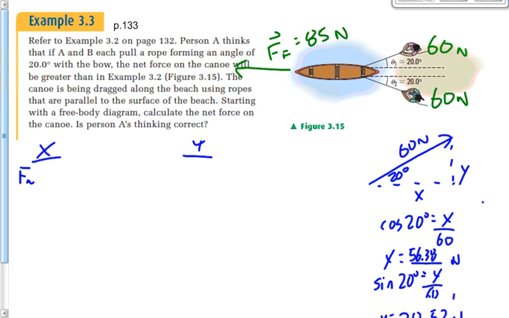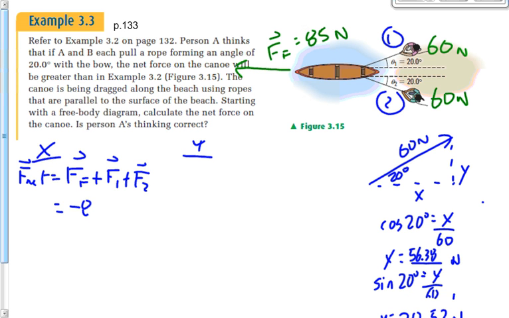The net force for the x component is FF plus, we'll call this one force number 1 and this one force number 2, plus F1 plus F2. We don't need to say m times a for the net force because we're just looking for the net force here, not the acceleration. The force of friction here is negative 85.